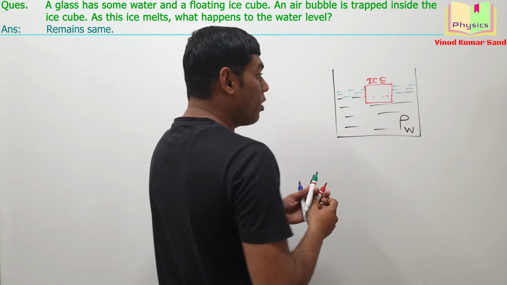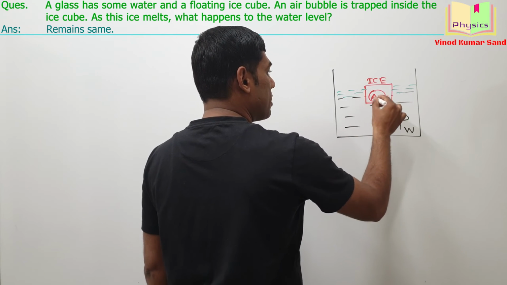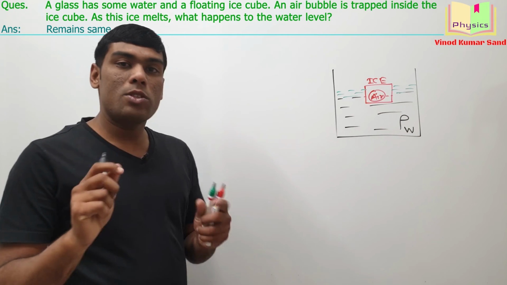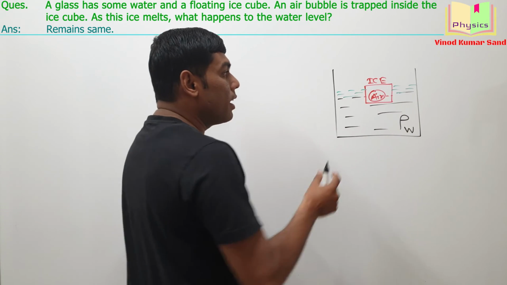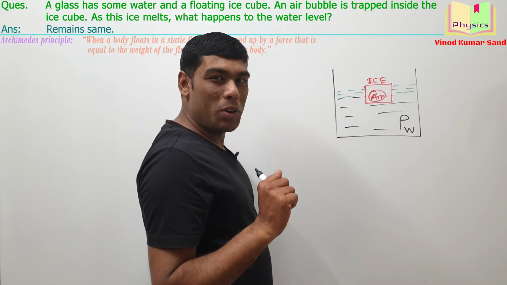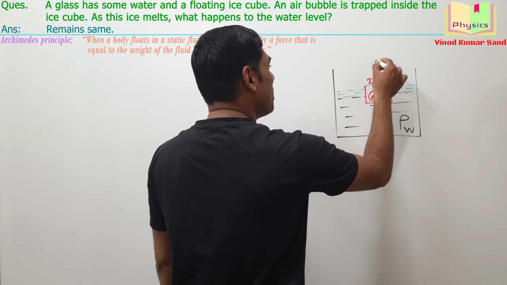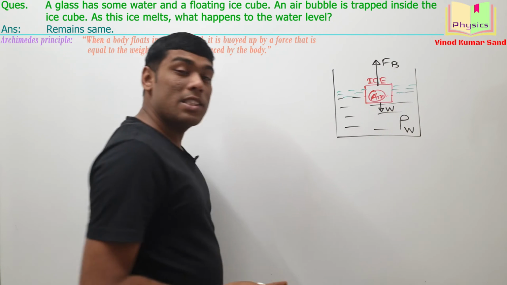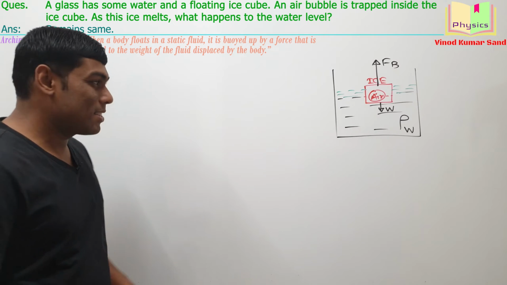Got it? According to the question, this time the ice has an air pocket inside it. Archimedes' principle says that a floating object displaces the weight of the fluid equal to its own weight. It means the buoyant force and the weight of the ice cube are getting balanced.